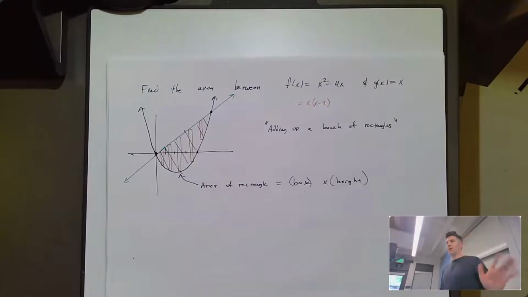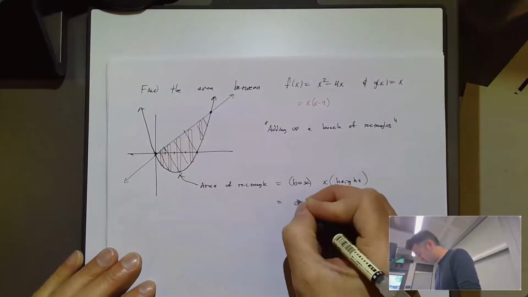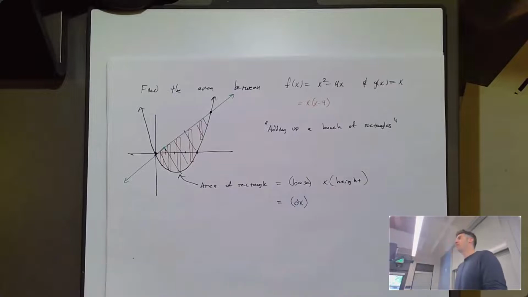We'll talk about approximating a little bit later. Actually, there is a section about how we approximate using rectangles. But for now, I'm going to let the width of the rectangles get very, very small. And we're going to call that width dx for a small change in x. So our base is actually dx. If you're doing this approximation later, we often call it delta x for a change in x. Delta x and dx are very related to each other.